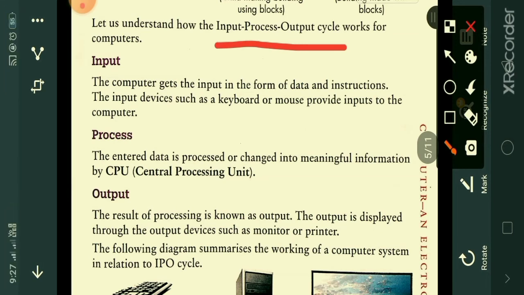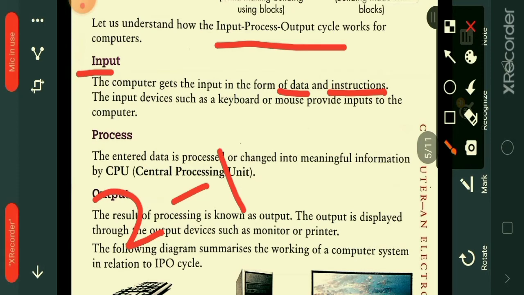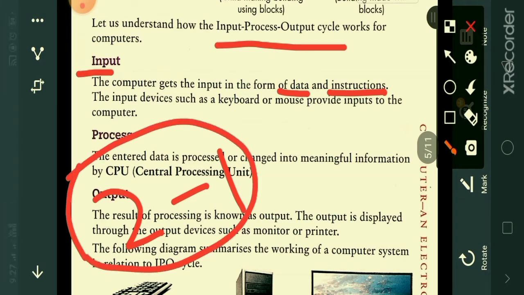We'll study that. See, the first I means input. The computer gets the input in the form of data and instructions. For example, if you want to subtract 2 minus 1, 2 minus 1 is data and instruction. So you need to give this data and instruction to the computer with the help of the keyboard. So the computer gets input from input devices such as the keyboard and mouse.